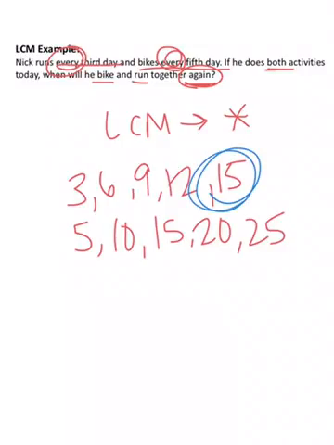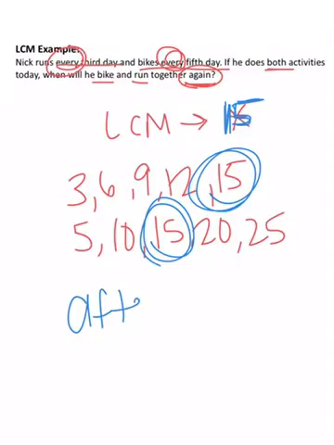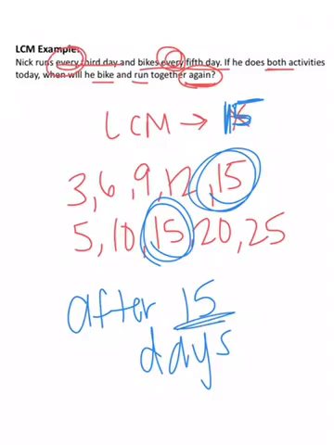I see that I have a 15 in common with my 3 and my 5, so that means 15 would be my LCM. That also answers my question. If he does both activities today, when will he bike and run together again? So after 15 days, he will bike and run together again. So 15 would be your answer. So again, just to review, we're looking at the difference between LCM and GCF.